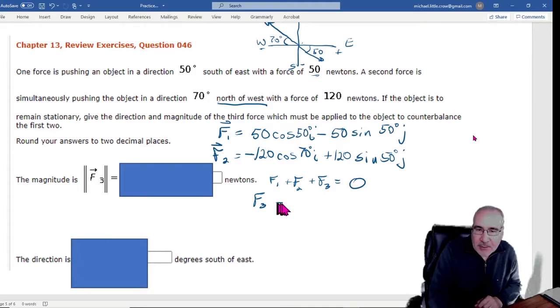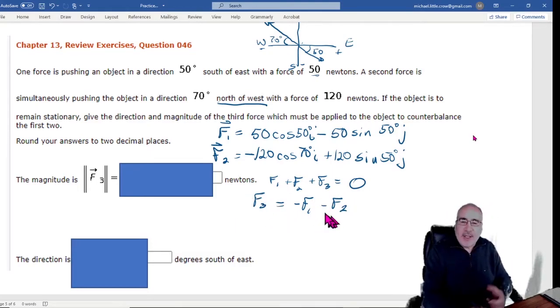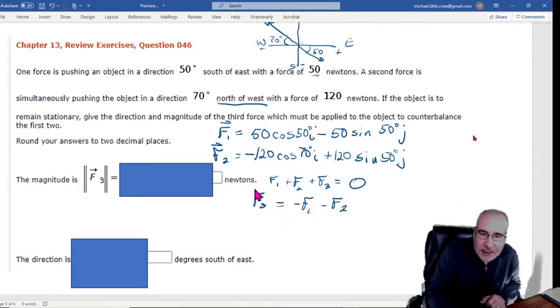Force 3 would have to be equal, bring these over, minus force 1 minus force 2. Okay, subtract those over. That'll give us what the force vector is, right? These are all vectors. And then from there, once we've got the force vector, we'll break it up. We'll find its magnitude, and then we'll also be able to find its direction.